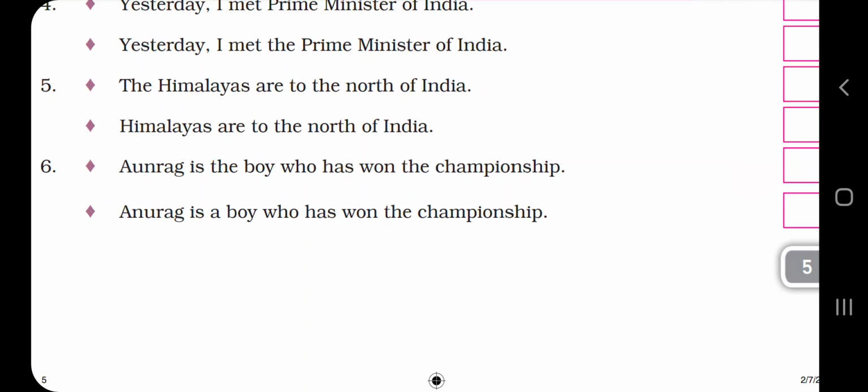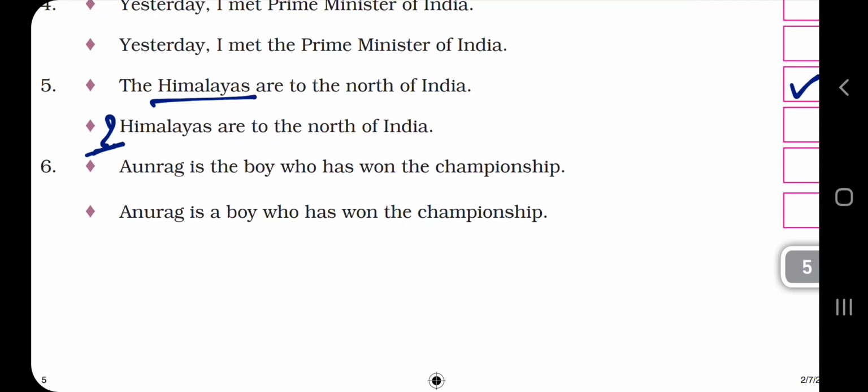Now the Himalayas are to the north of India. Very correct. Very good. कोई गलती नहीं here. If you are not using the before Himalayas, the sentence will be wrong. Okay. So whenever any mountain range is there, you have to use the before the name of the mountain range.